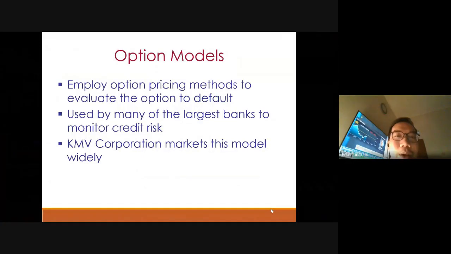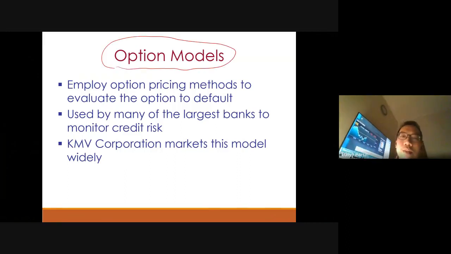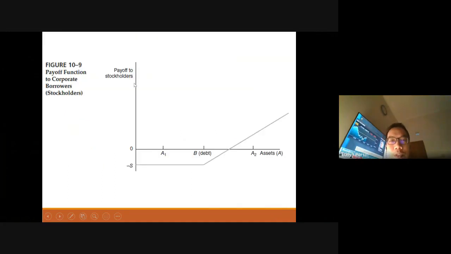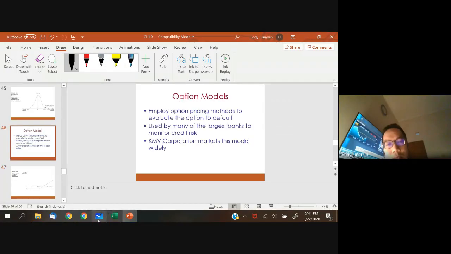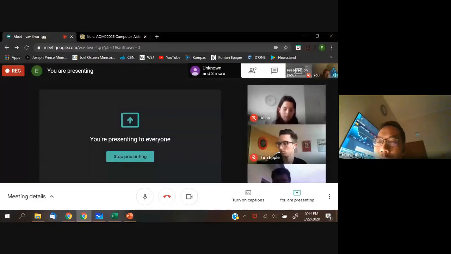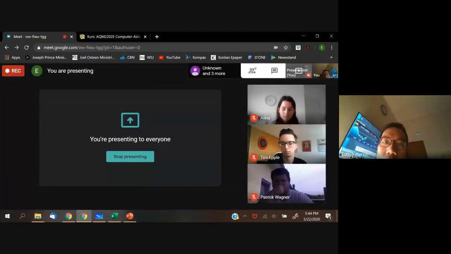And yeah, okay, we'll continue with the next model. This is, I think, the last model for the quantitative model of credit risk. So option model. So this has a long story. Option model. So option pricing model was firstly published by Black and Scholes in 1973.